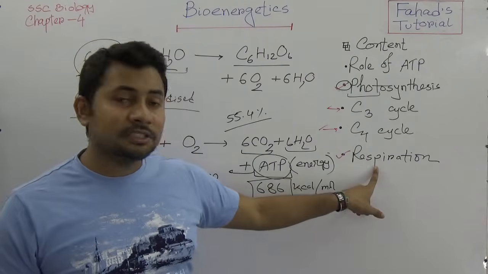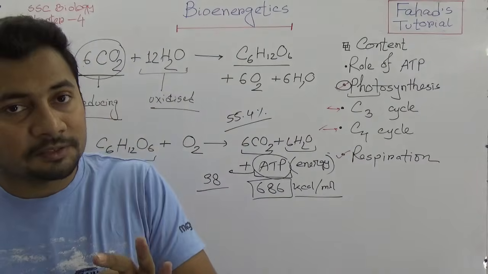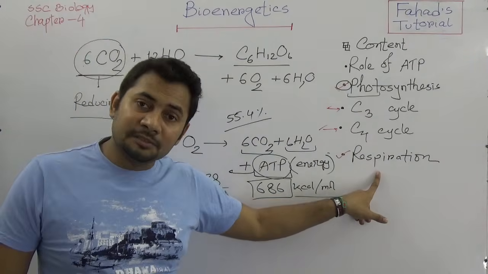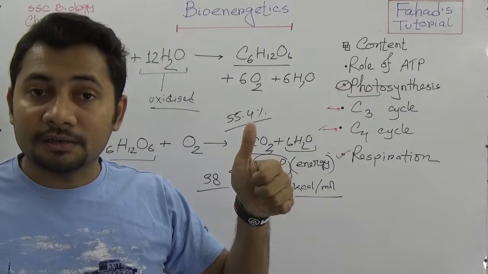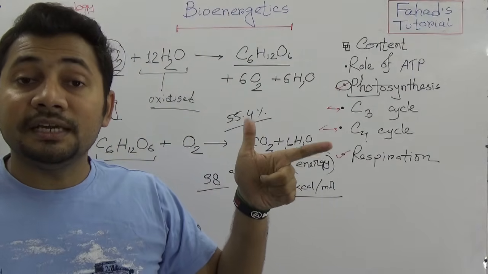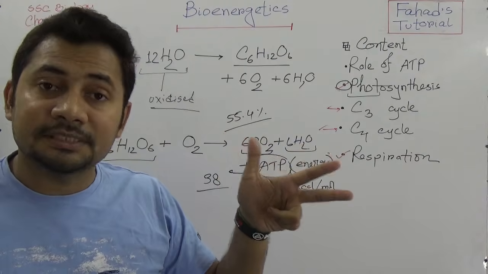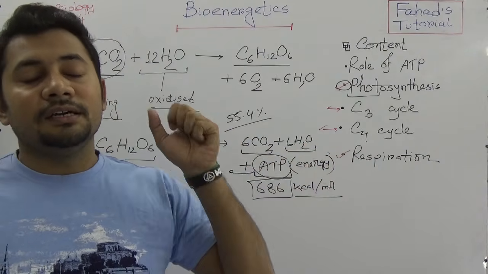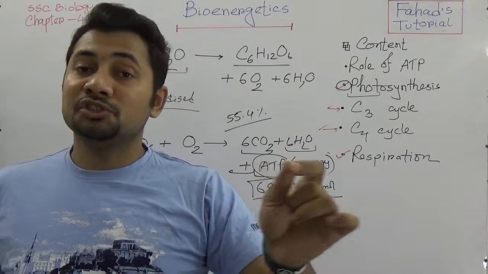You know that respiration is of two types: aerobic respiration and anaerobic respiration. In aerobic respiration, there are again 4 steps. Number 1, glycolysis. Number 2, acetyl-CoA formation. Number 3, very important, the Krebs cycle. And number 4 is the electron transport system or electron transport chain.